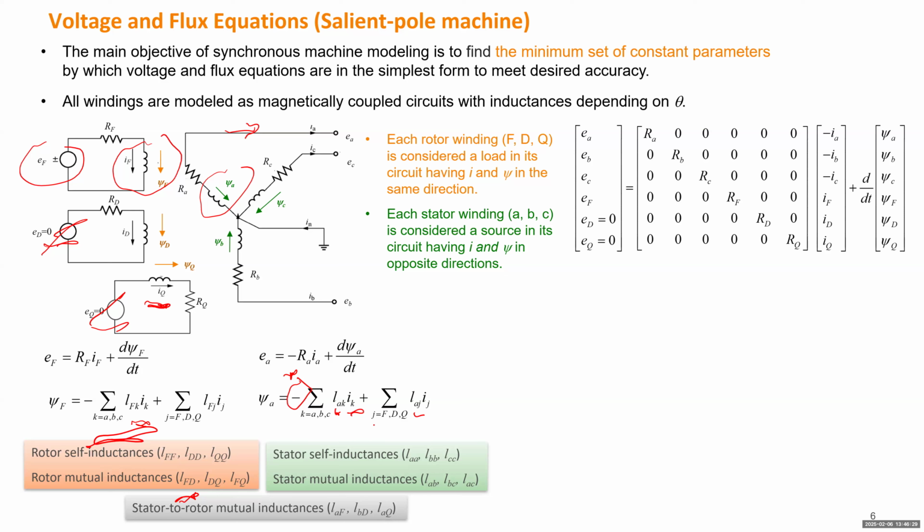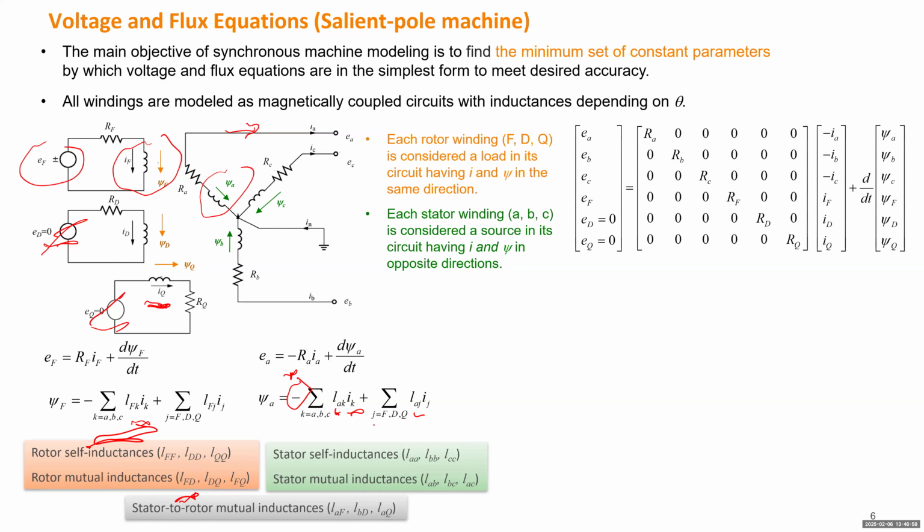So now we can put all the equations into this matrix representation, right? On the left-hand side of the equation, we have a column of all the instantaneous voltages. We have EA, EB, EC, and then EF, ED, EQ. Definitely ED and EQ are 0 because there's no internal source. Only EF is equal to the DC voltage of the field winding circuit.